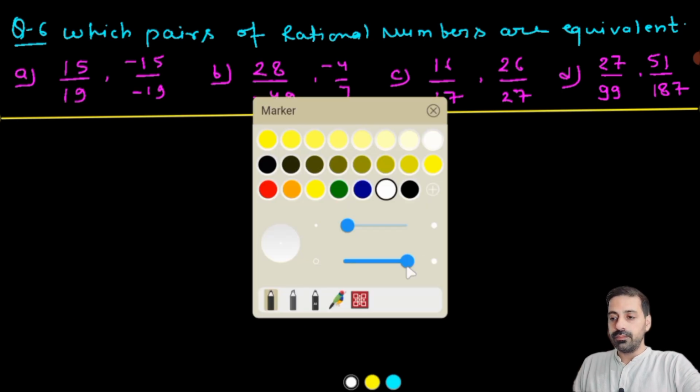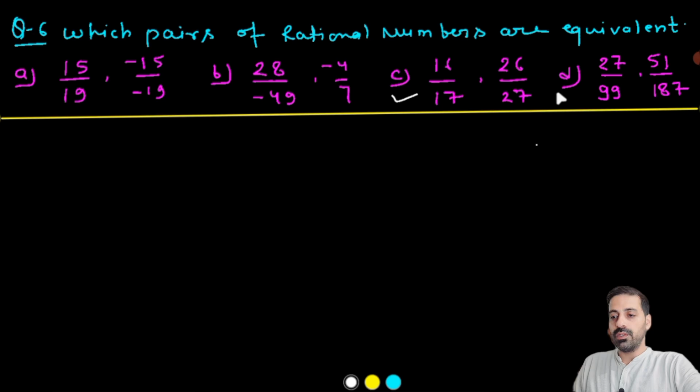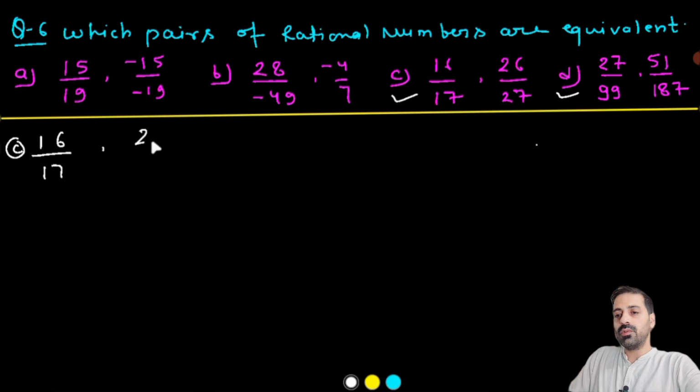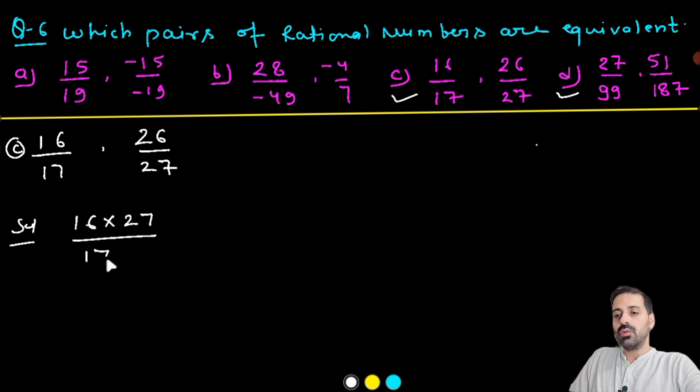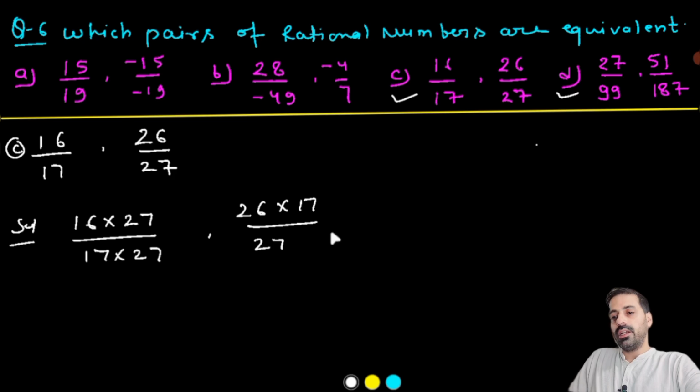Now we are going to solve the next part of this question, part C and part D. Part C is 16 upon 17 and 26 upon 27. So how can you solve this question? Multiply 16 by 27 and 17 by 27, and 26 multiplied by 17 and 27 multiplied by 17.